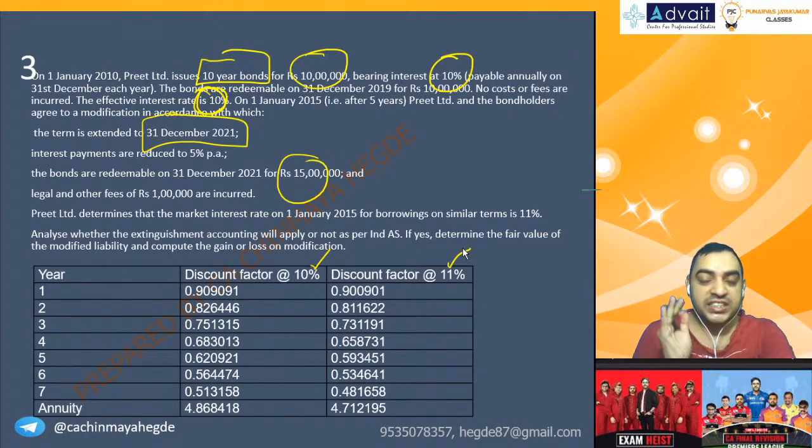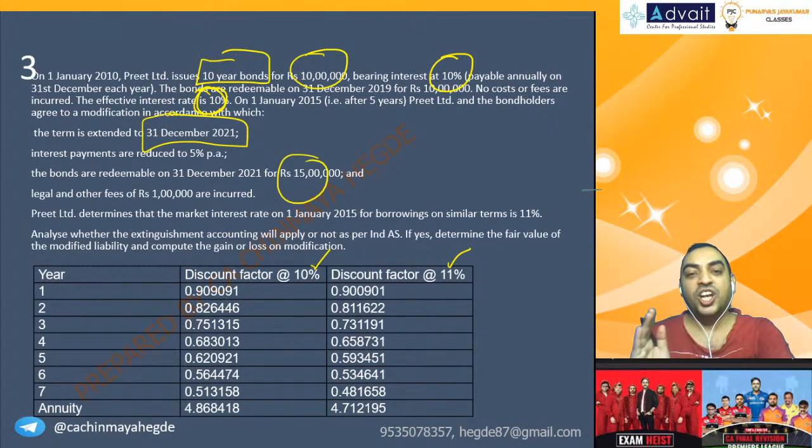So what is our first target? You have to compute whether the modification is material or not. For that purpose, you have to compare the carrying amount versus the new cash flow discounted at the old discounting rate. Now, the carrying amount, my dear friends.